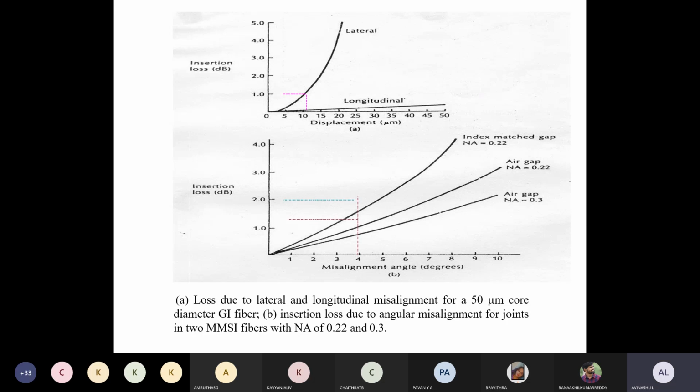So 5, 6, 7, 8 members have raised their hands. Only 8 people have taken it. 9, 10, 11, 12, 13. Thirteen students have taken the quiz. What about the others? Please take the quiz. 14 completed.